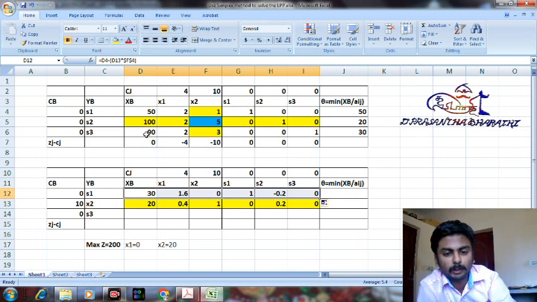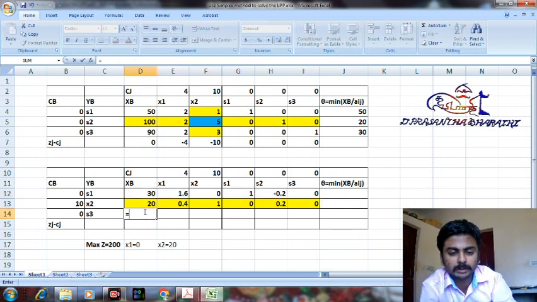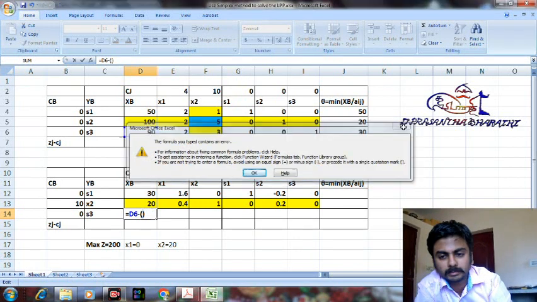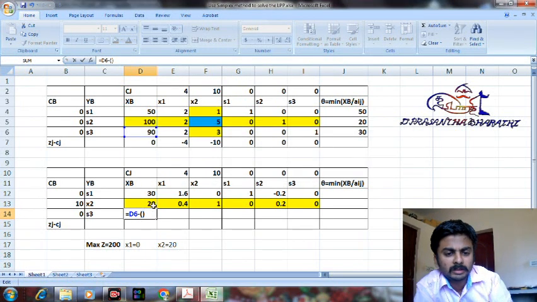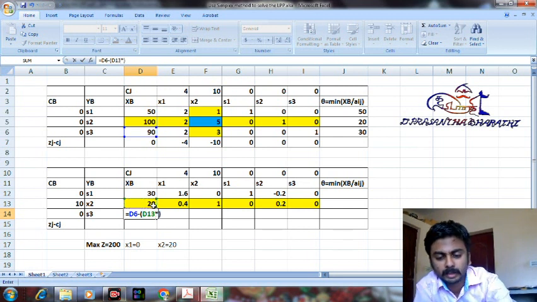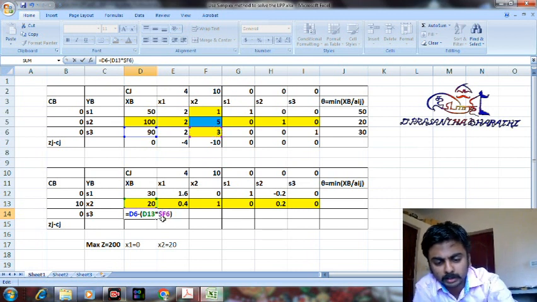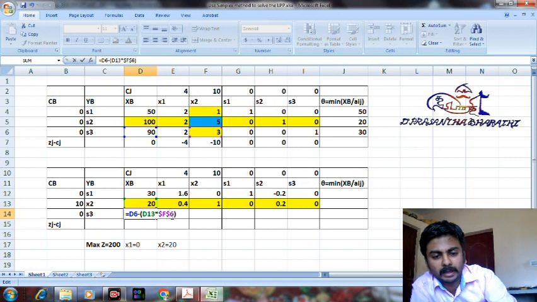In the same way, here it is 90, so we use equal to the previous element minus, within the bracket, the pivot equation element multiplied with the pivot column element of the previous table, and this should be locked, because all the row values should be multiplied by the same 3.